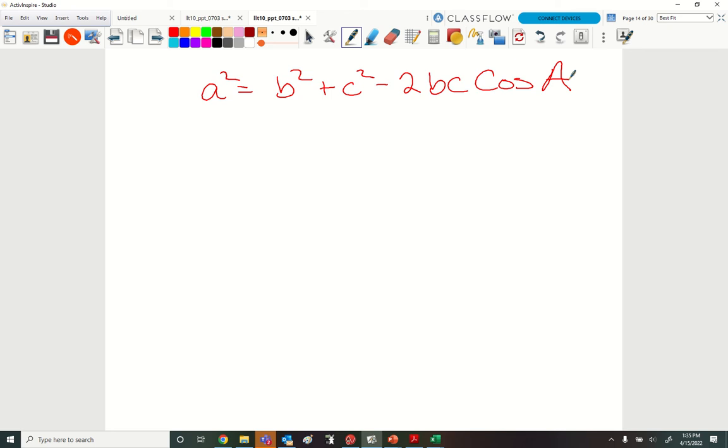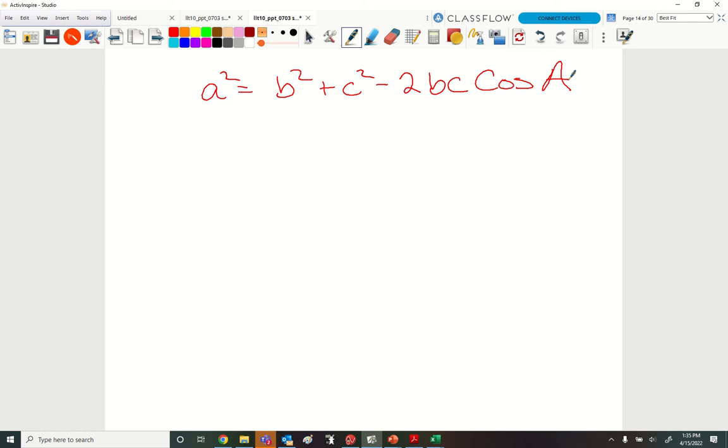So what I'm going to do is try and solve for big A. But before I solve for big A, I need to get my cosine A by itself. So I'm going to have to get rid of the b and the c. What is the b and the c doing to all that? They're adding, right?